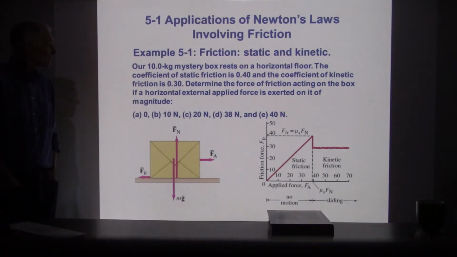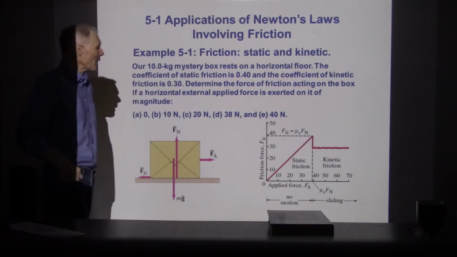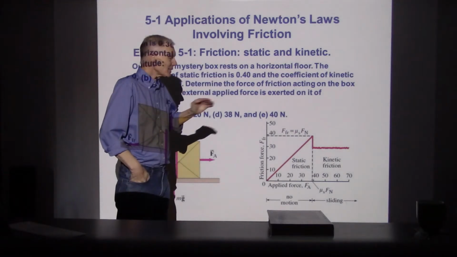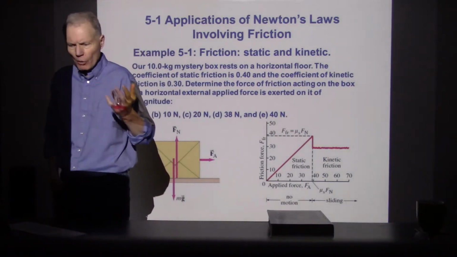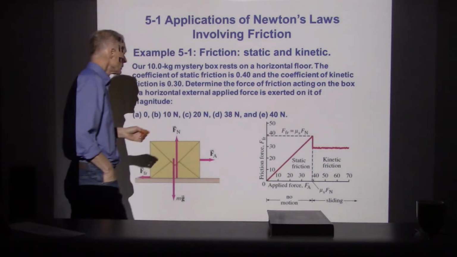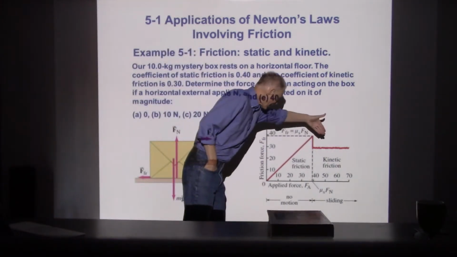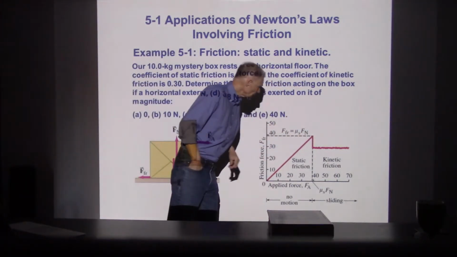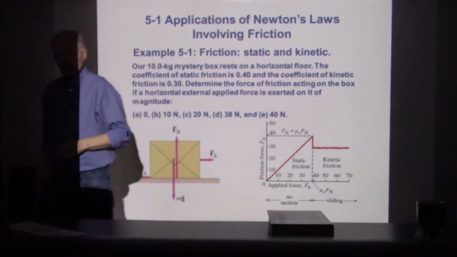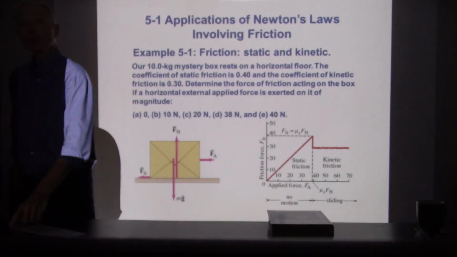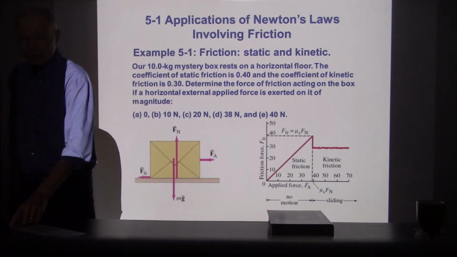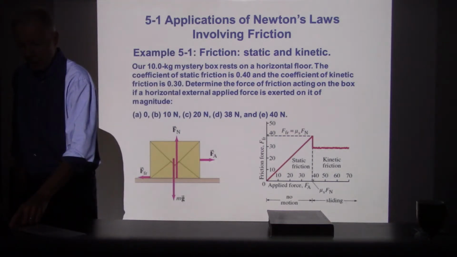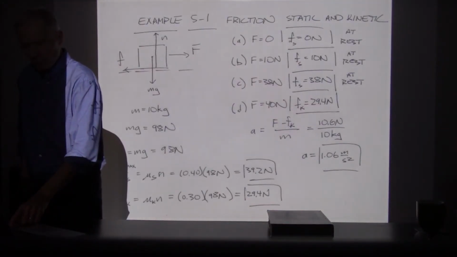So the kinetic friction, we're imagining, just has this fixed value as long as sliding is taking place, which is in that realm over there. There's just going to be a steady frictional force, and that's what they've shown in the graph. That's the model that we're going to be using.